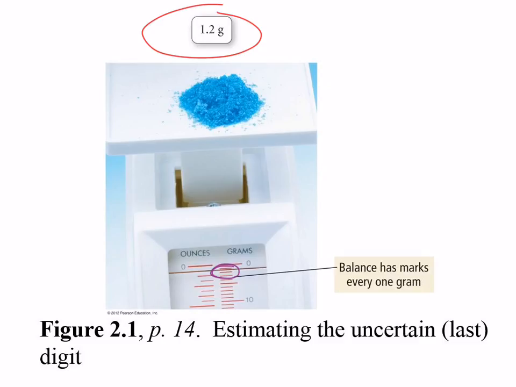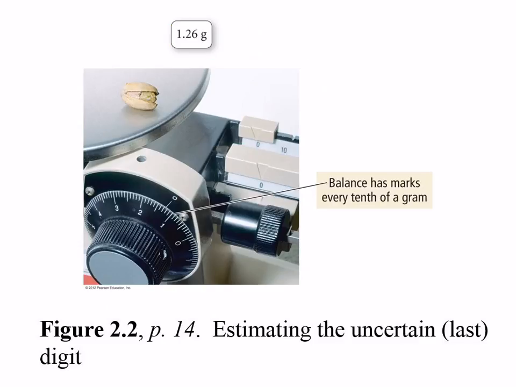Well, here's a different kind of balance. Again, it's definitely not a digital. We used to use these balances. The way you read it is the 1 is the gram. Notice what we're weighing here, a pistachio. Makes you hungry? And then the 2 is the grams, and now we have marks to the nearest tenth of a gram.